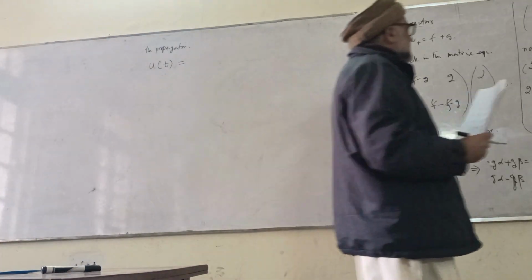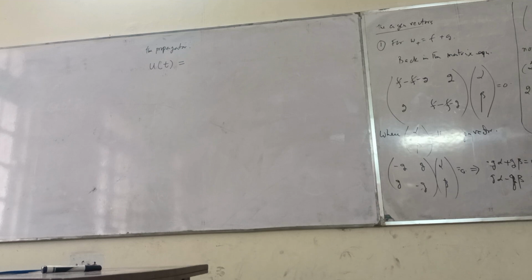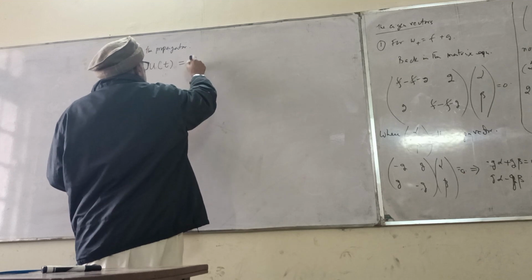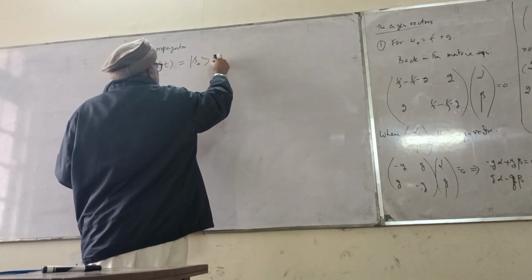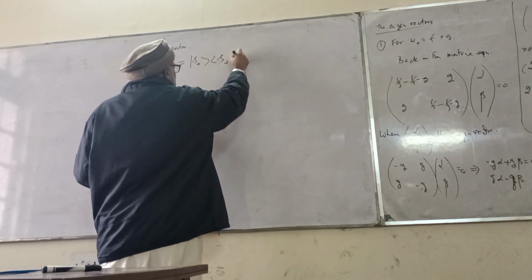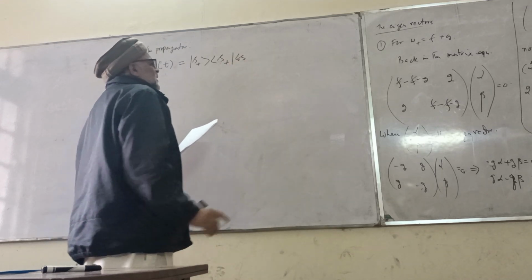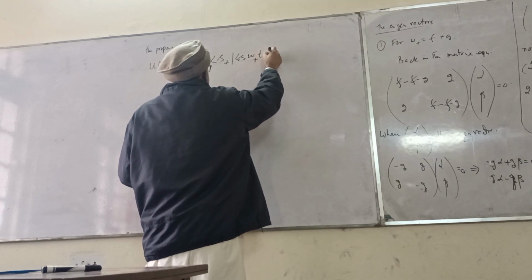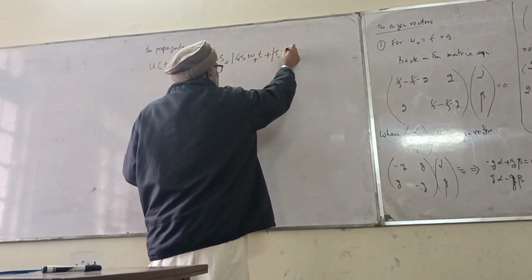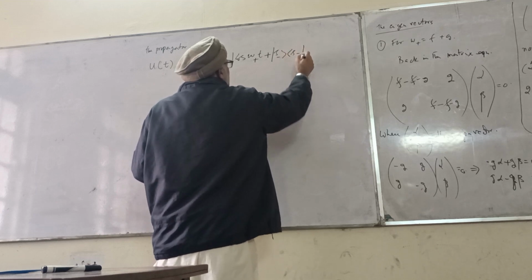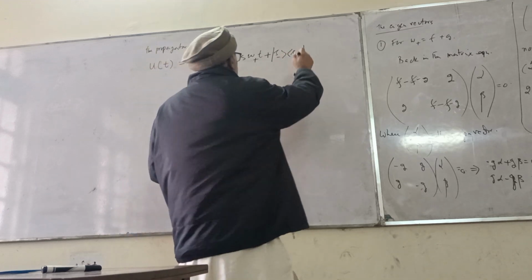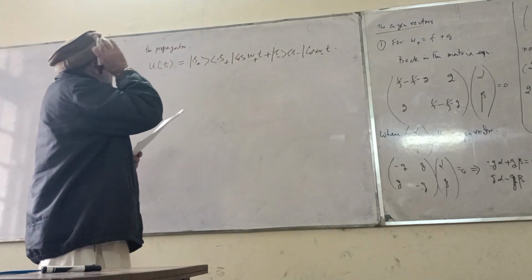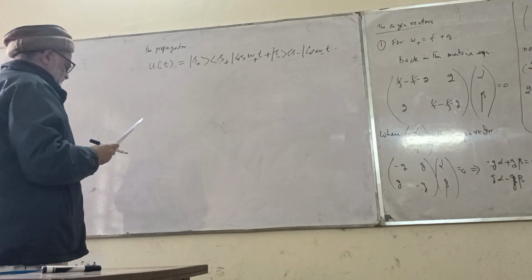If I call it S plus, then I will write it like this: S plus cos of omega plus times t plus S minus cosine of omega minus times t.